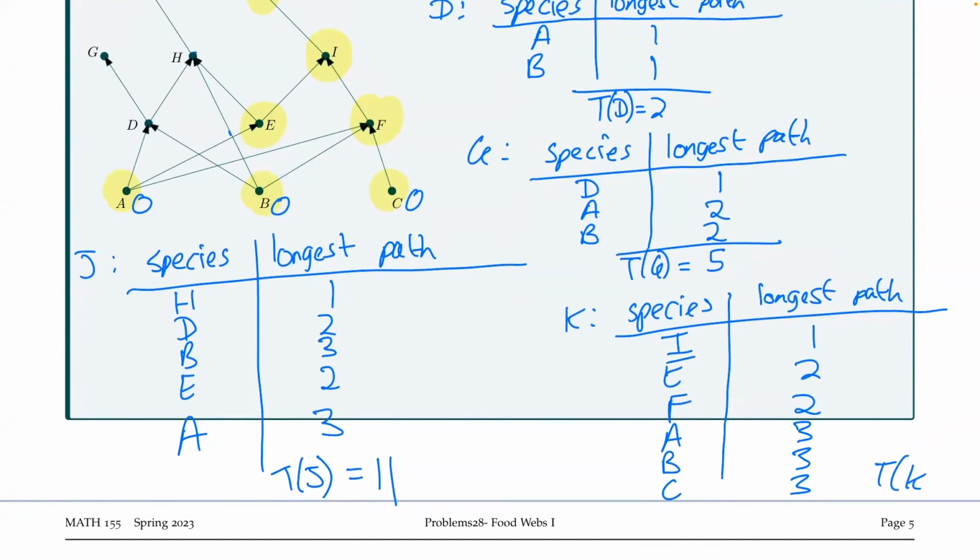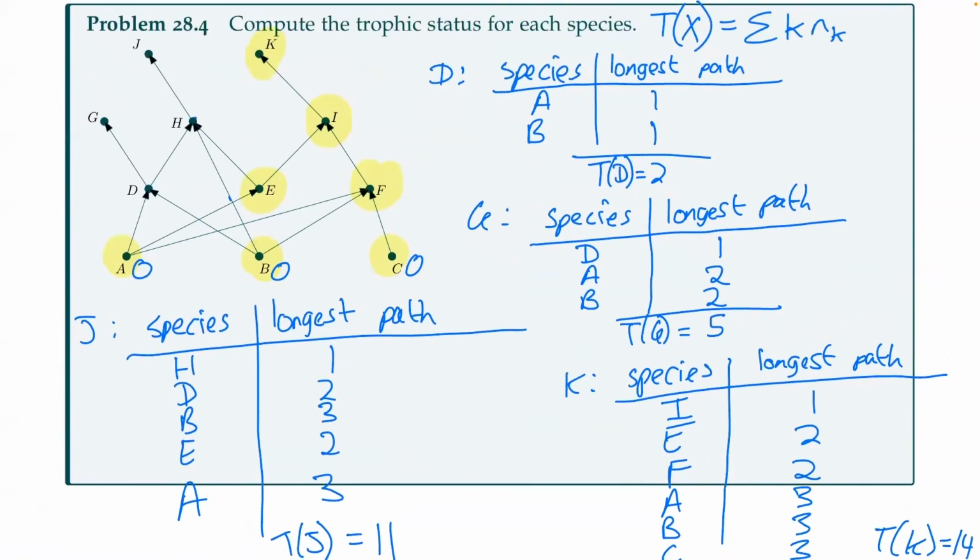So trophic status of K is going to be the sum of these things, 9, 10, 11, 12, 13, 14. We got 14? Great. Okay, so I find the table format is the best way to do this.